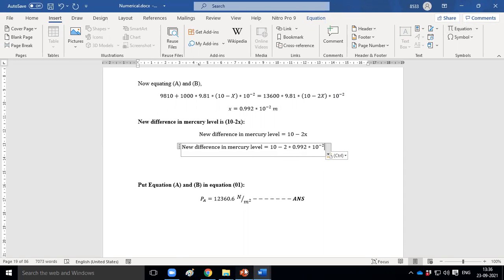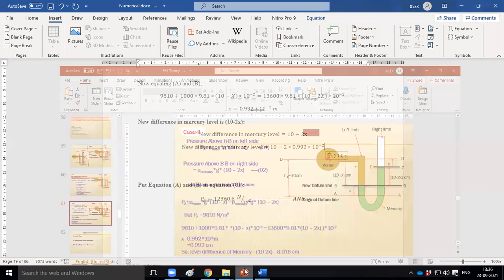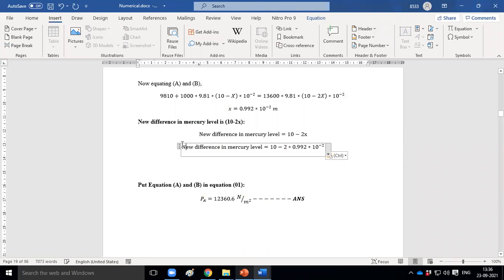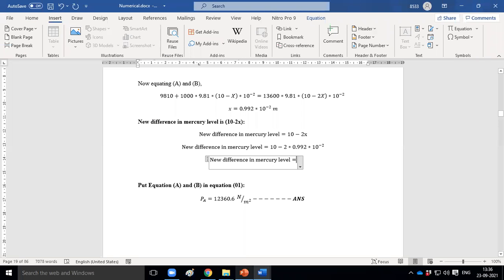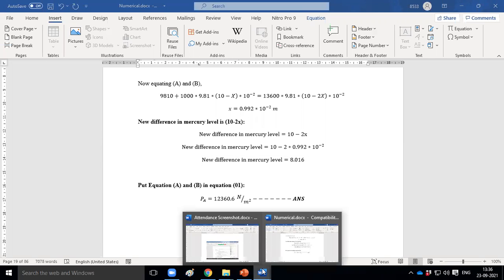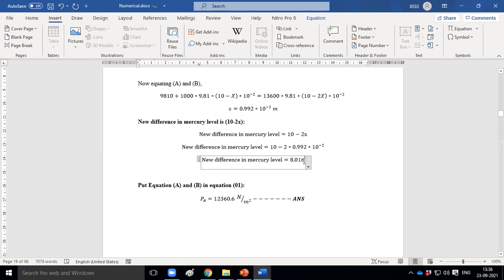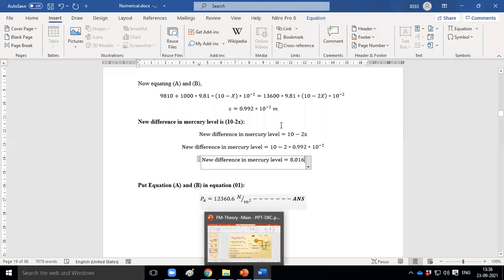Okay, and the answer is 8.016. What is your answer? 8.016. What unit: meter or centimeter? How is it centimeter?